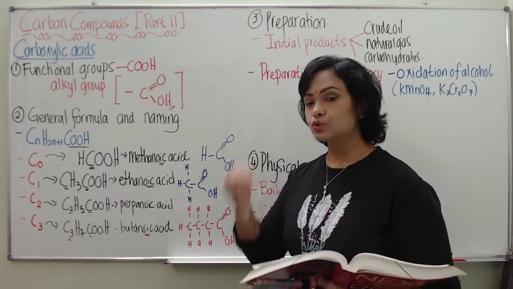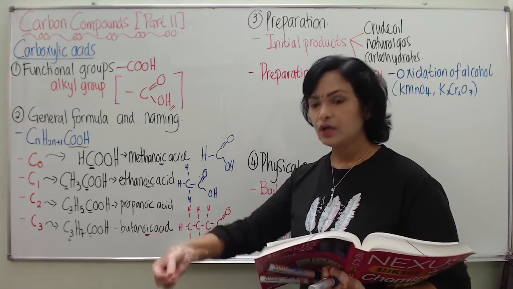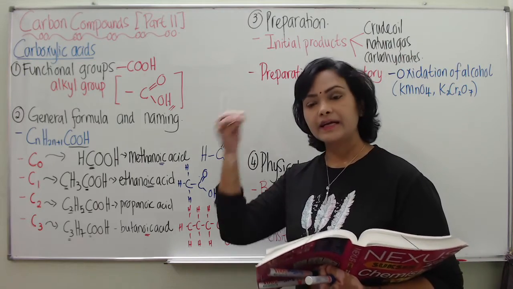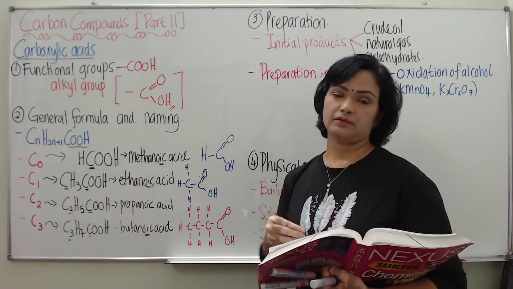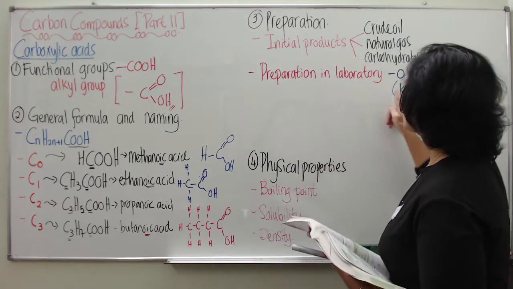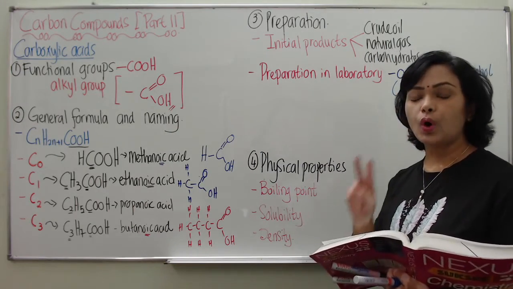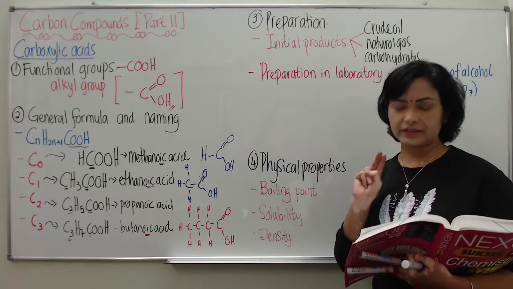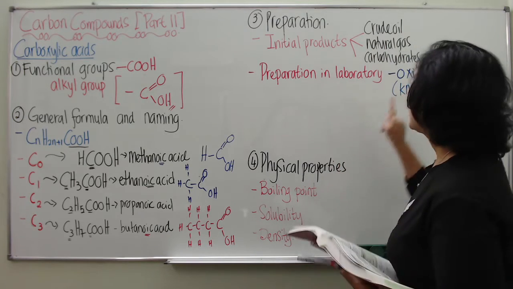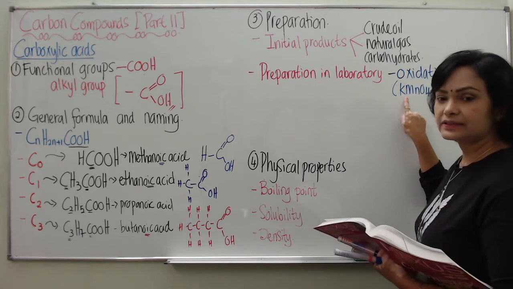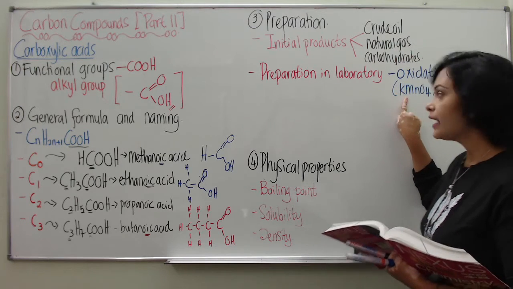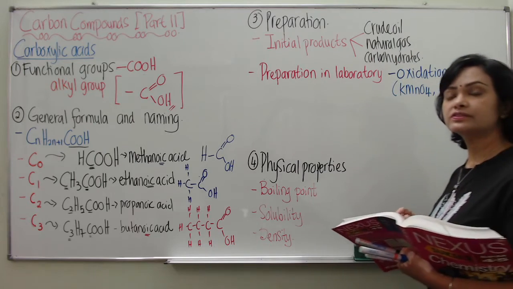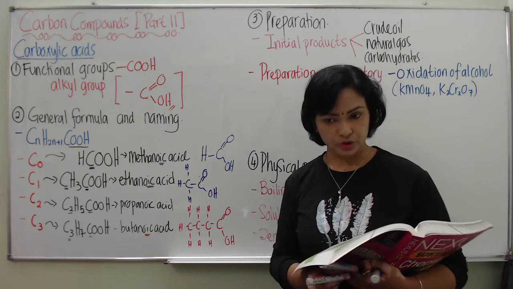Meaning, if students use ethanol, you will get ethanoic acid as the product, when it is oxidized with two of the strongest oxidizing agents, which are acidified potassium manganate(VII) and acidified potassium dichromate(VI) solutions.